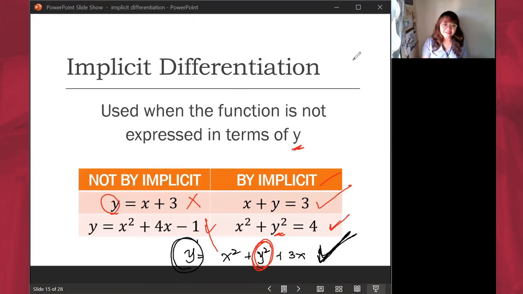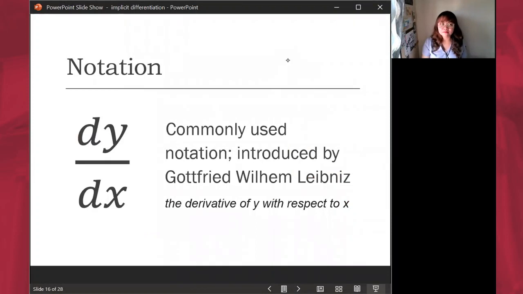Okay, so let's have our first example. So, we'll use the notation dy over dx, which is a commonly used notation in differentiation, especially in implicit differentiation, which was introduced to us by Gottfried Wilhelm Leibniz. This is read as the derivative of y with respect to x.